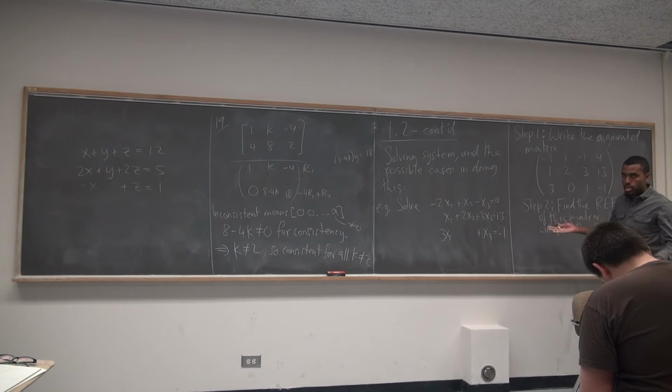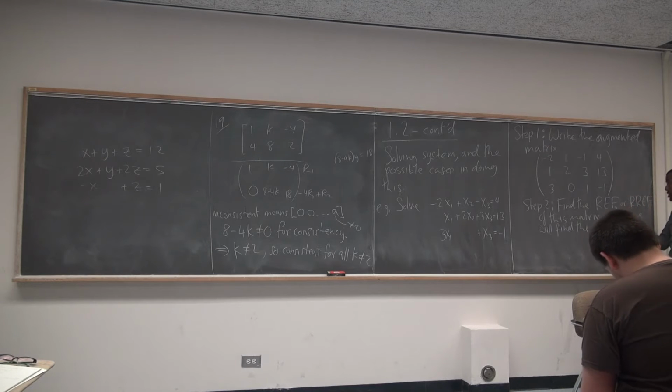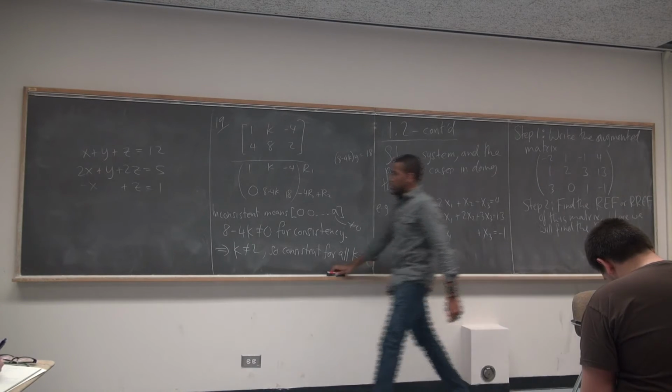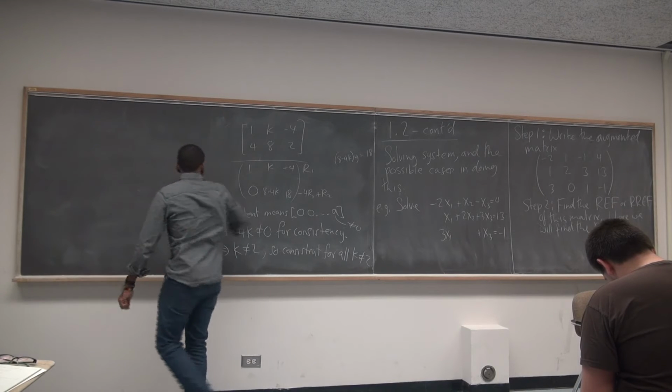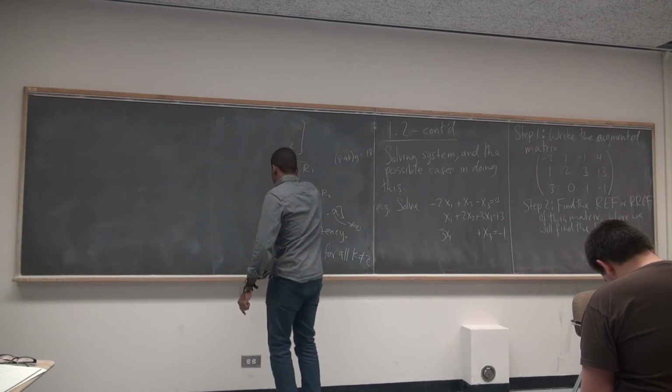In general, it does not matter which one you go to. So if the question specifically asks you to find one over the other, just choose that one. Otherwise, personal preference. Okay? You will end up with the same solution either way, which at some point I'll state in a theorem.